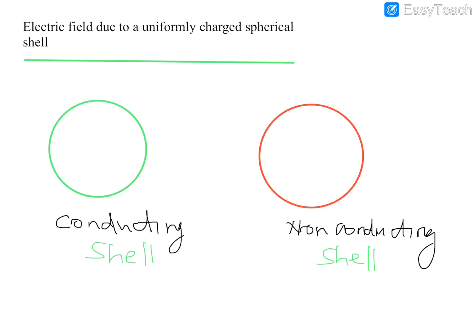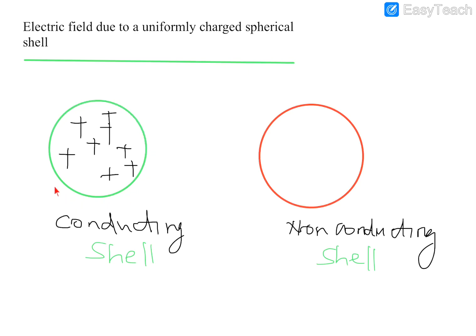The difference is that if you charge a conducting shell, let us imagine that you are giving some positive charges to a conducting shell. What actually happens is, if it is a conducting shell, then all the charges will suddenly move to the surface of the shell.